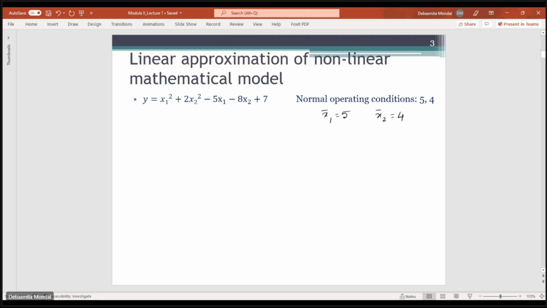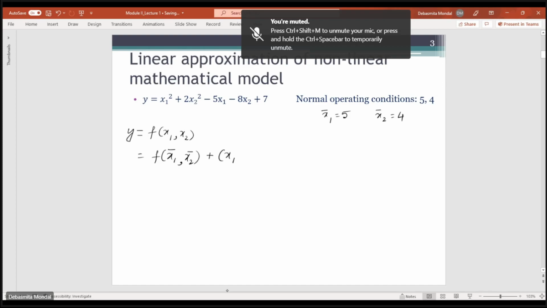So the expression goes like this if you write the Taylor series expansion. Here this is a function of x1 and x2 both, right? So can you tell me the equation? Or let me write it for you.